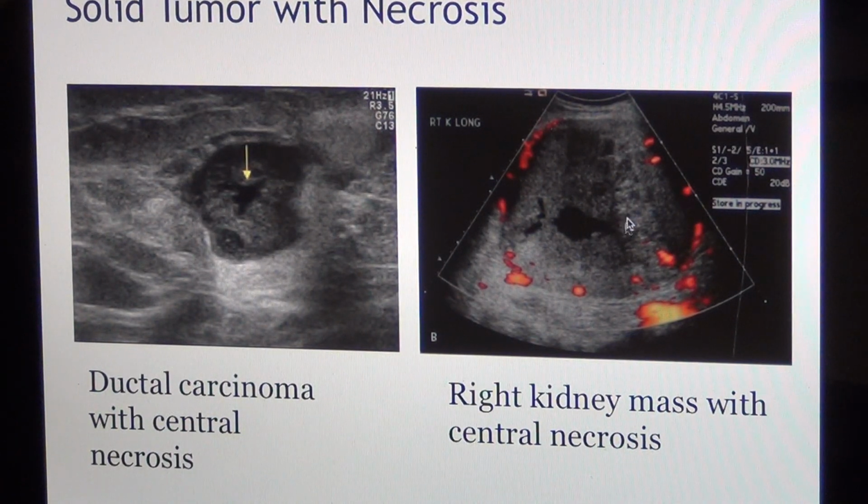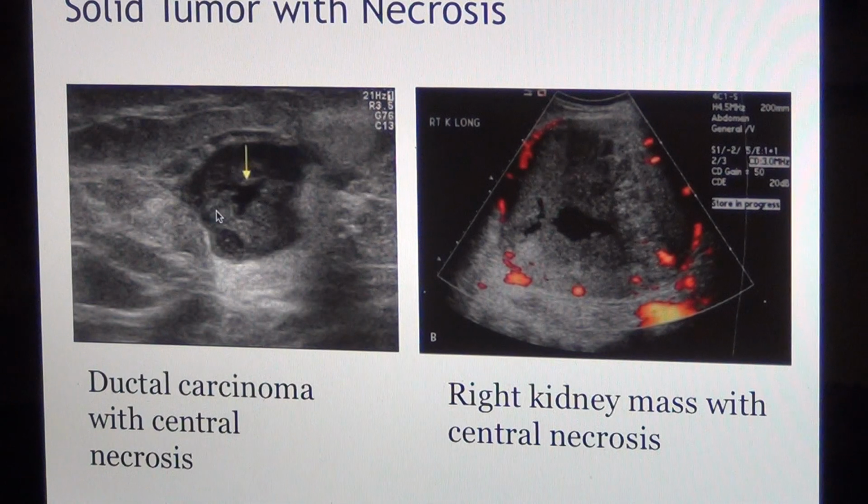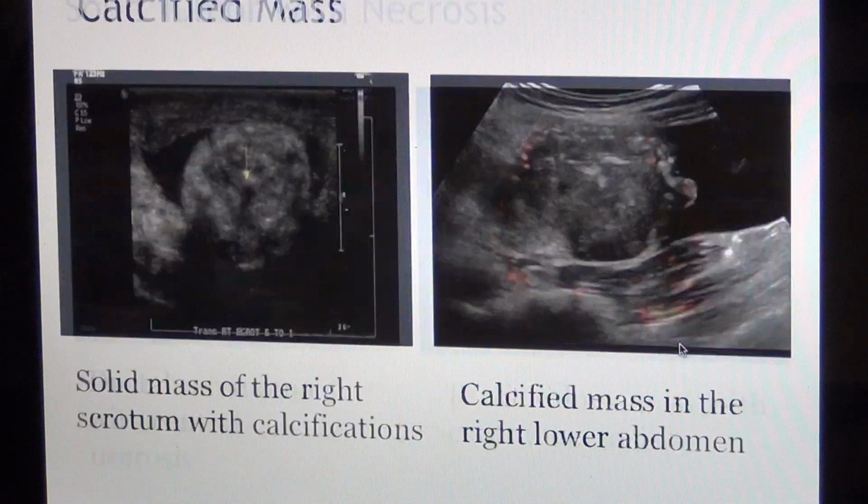So this is a very important finding, that necrosis is a good finding. If you do the treatment, chemotherapy or vascular embolization, then if you see there's a necrosis, it is a good sign. That means this tumor will be dying and regressing in size, so it is a good sign. Okay, so this is necrosis.